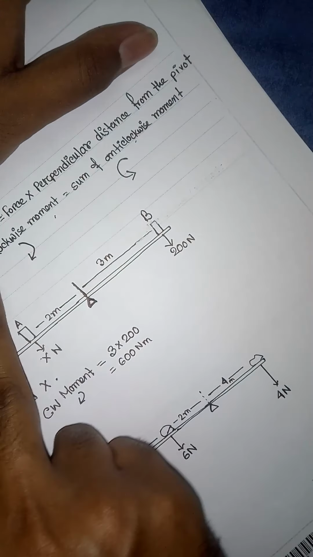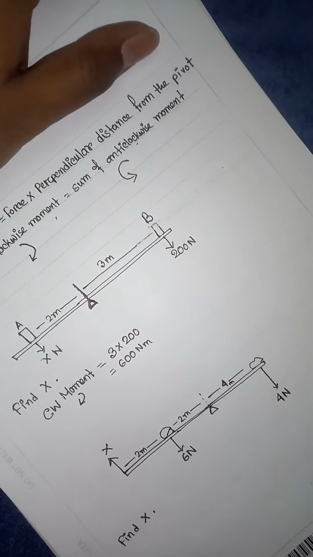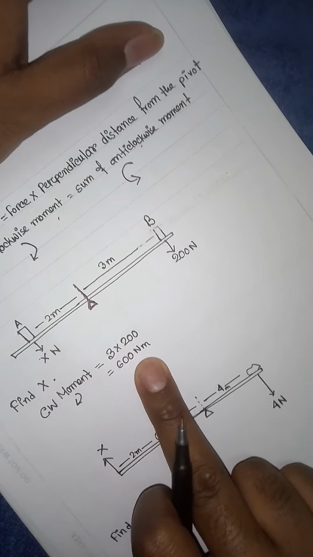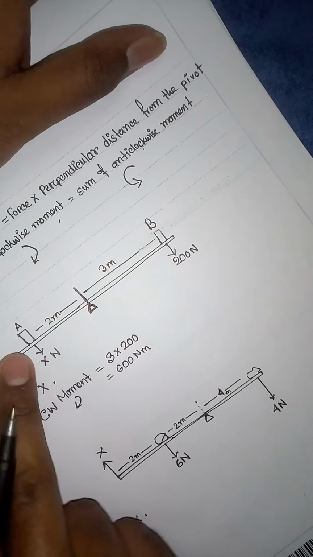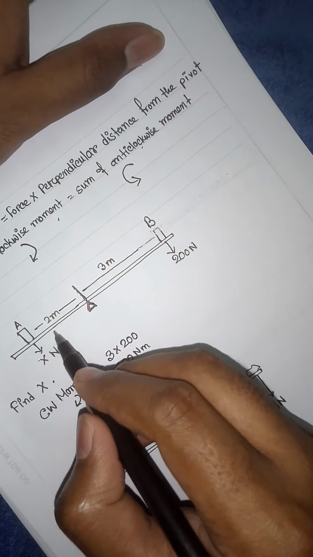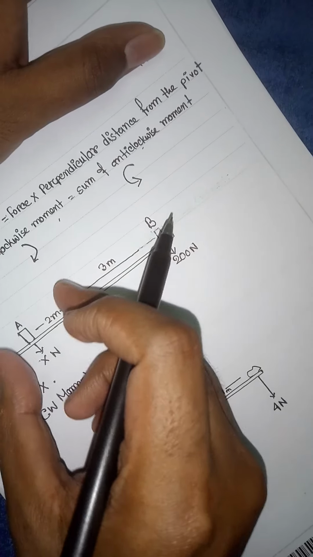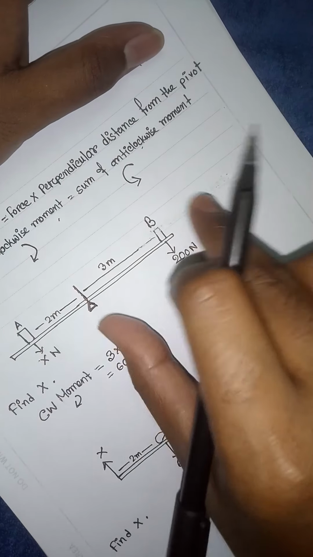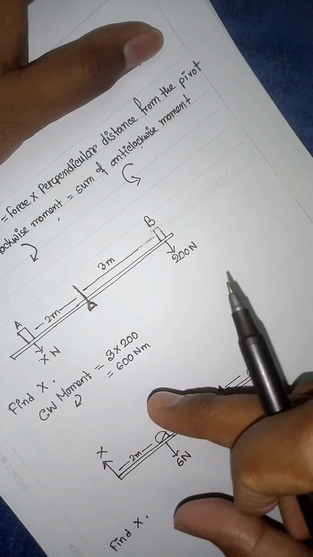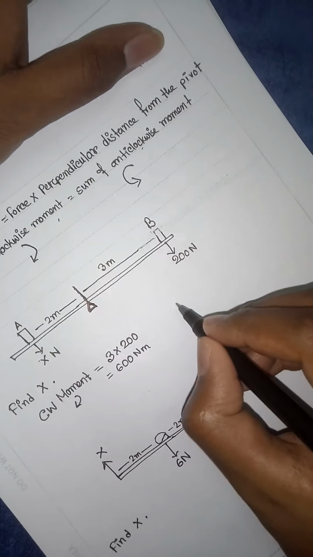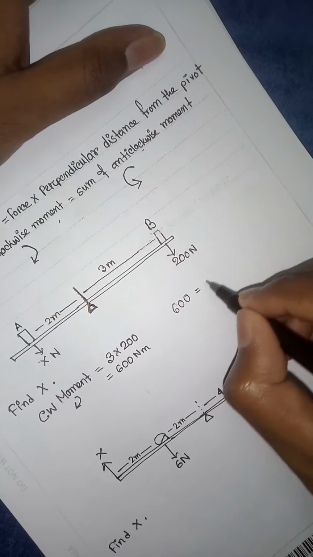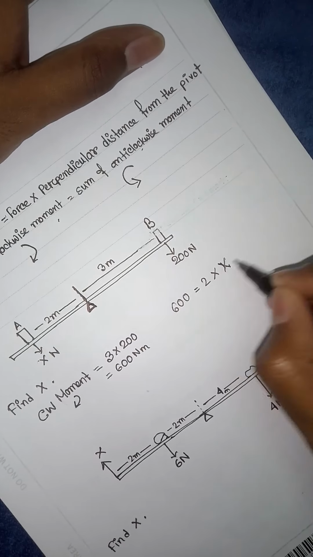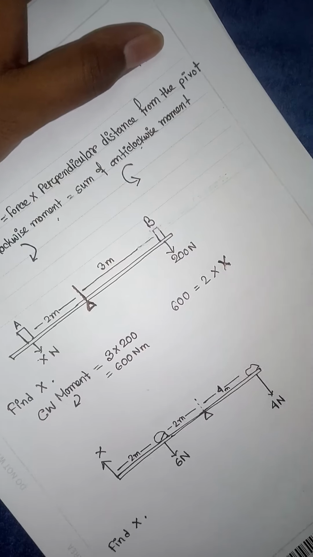As you know, the clockwise moment will be equal to the anti-clockwise moment, so the moment in this direction will also be 600 Newton meter. If you pull the force in this direction, it is an anti-clockwise rotation. Using 600, the distance is given and x is unknown.